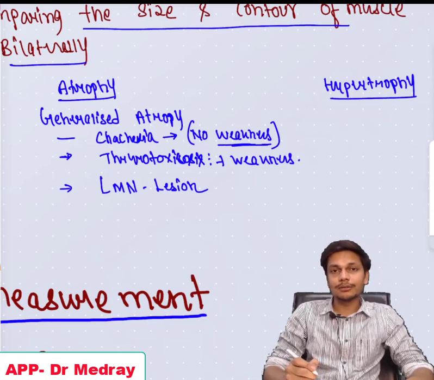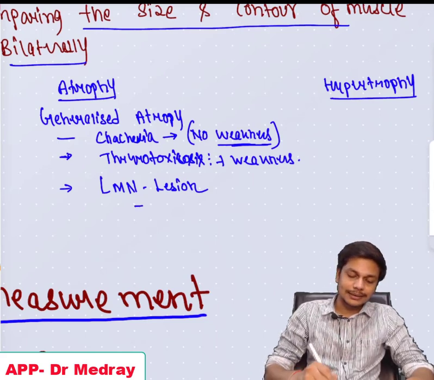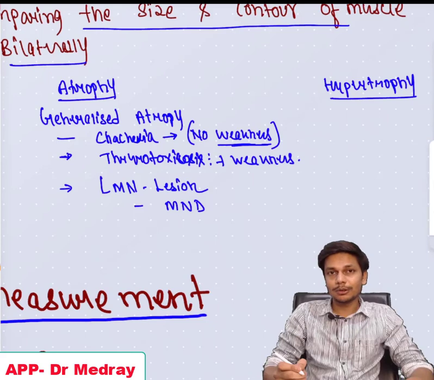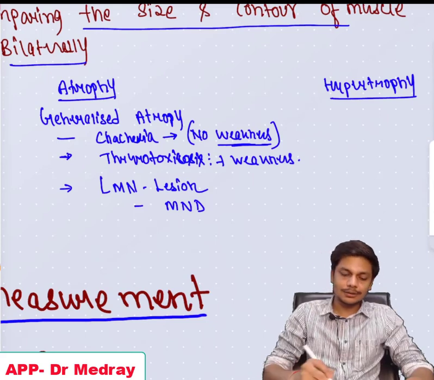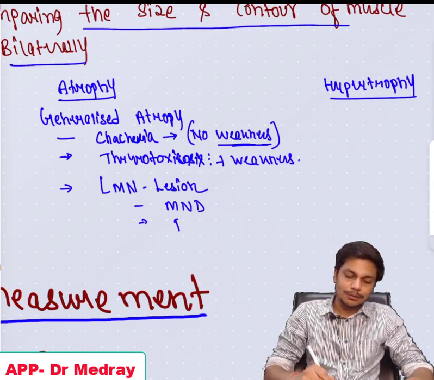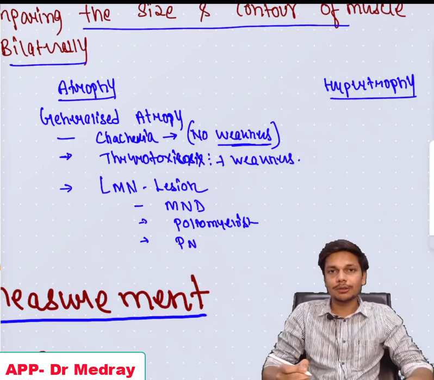The lower motor neuron starts from the anterior horn cell, that is the motor neurons. So the patient might have motor neuron disease. The disease of the motor neuron in the anterior horn cell, the patient might have poliomyelitis. The patient might have peripheral neuropathy involving the lower motor neuron.